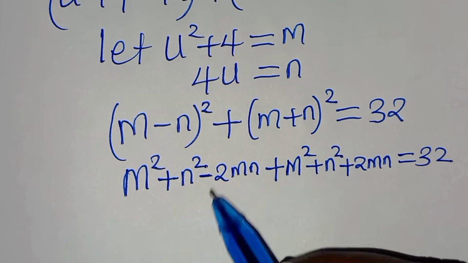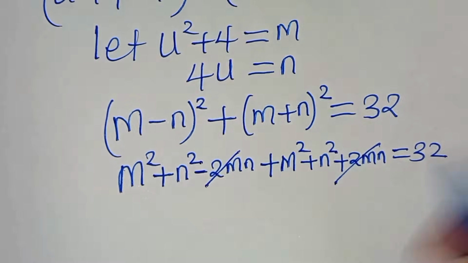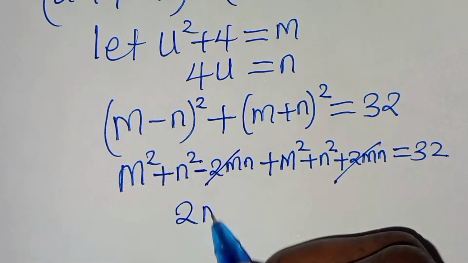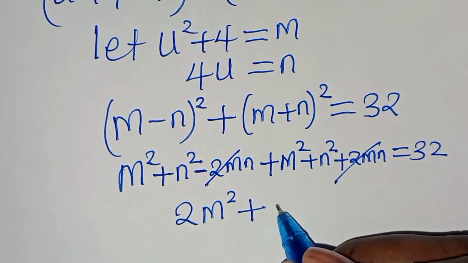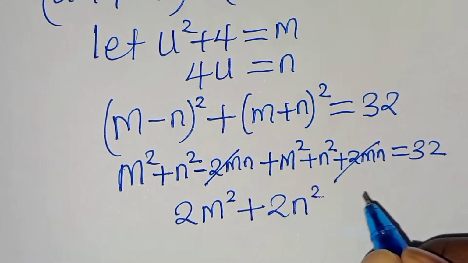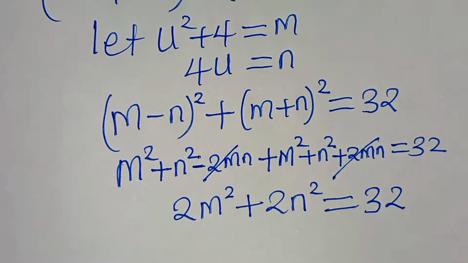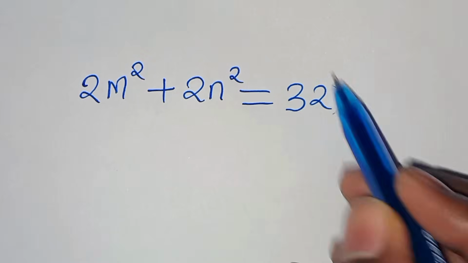Now, minus 2mn plus 2mn cancels out, so that we have m squared plus m squared, which is 2m squared, then plus n squared plus n squared, which is 2n squared. So we have 2m squared plus 2n squared, equal to 32.